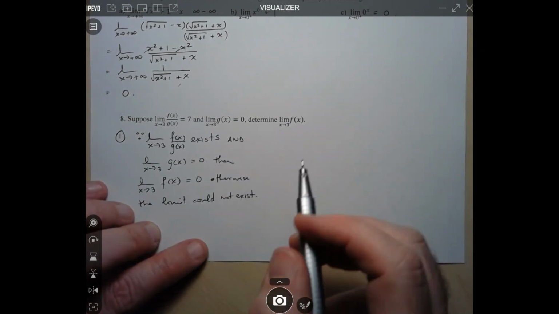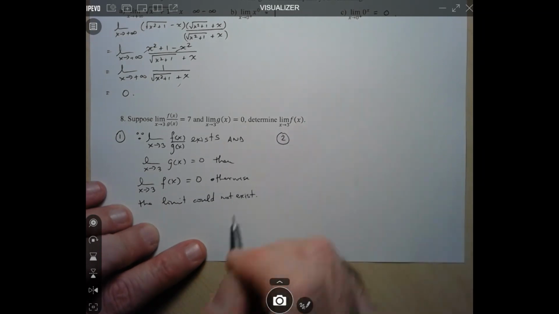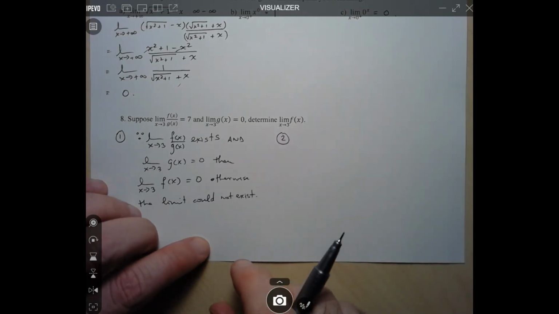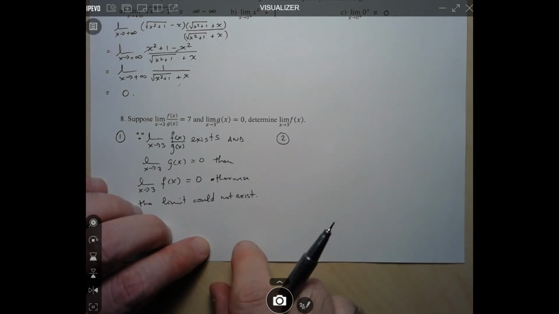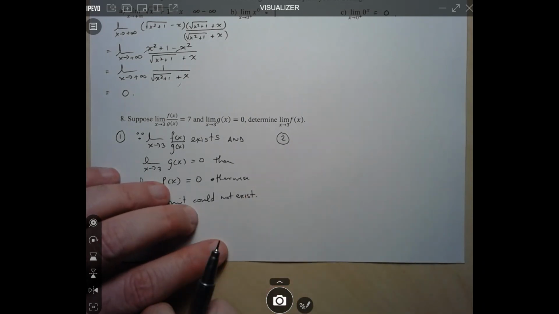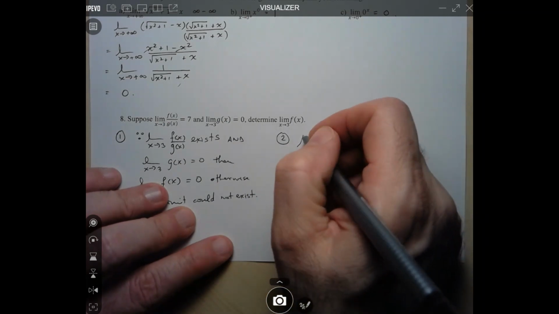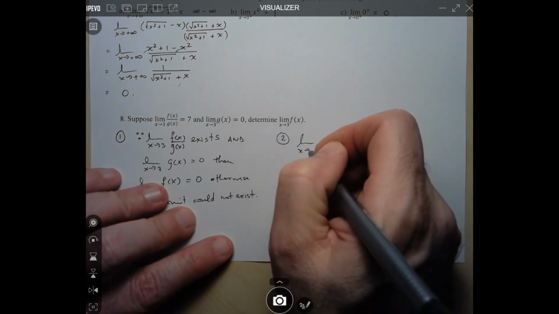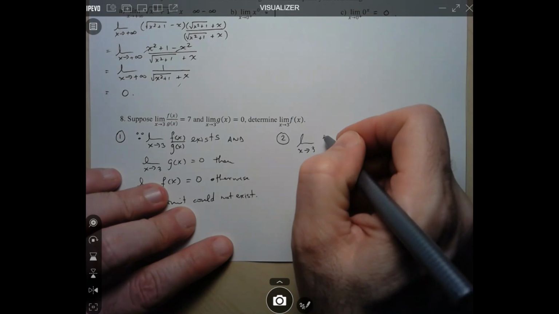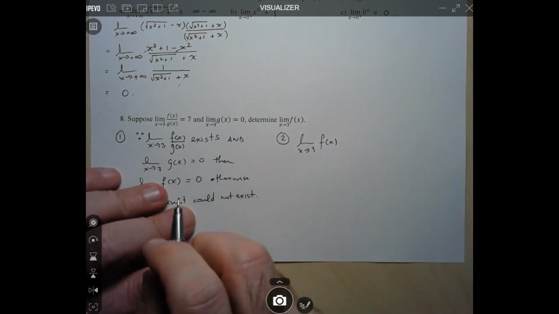But I would like to show you something a little more algebraic, and I think it is good to see it. So this is what I'm going to call my more formal approach. What I'm trying to find is the limit as x approaches 3 of f(x).